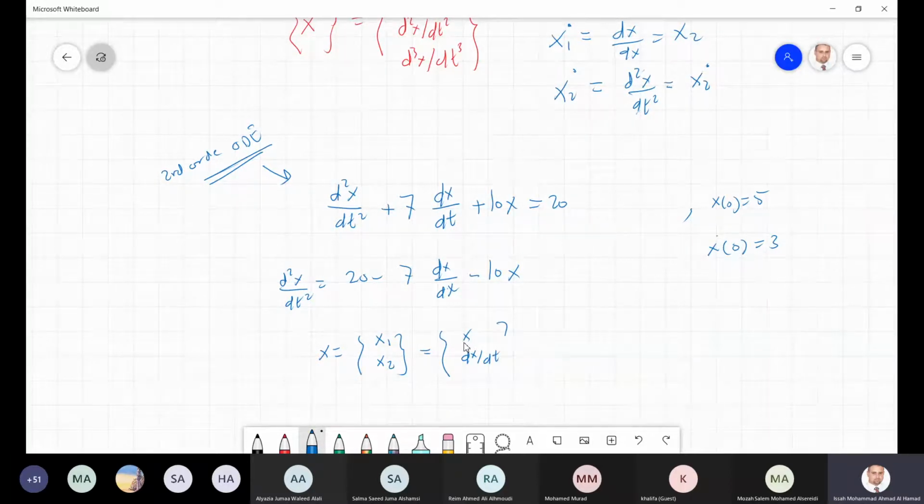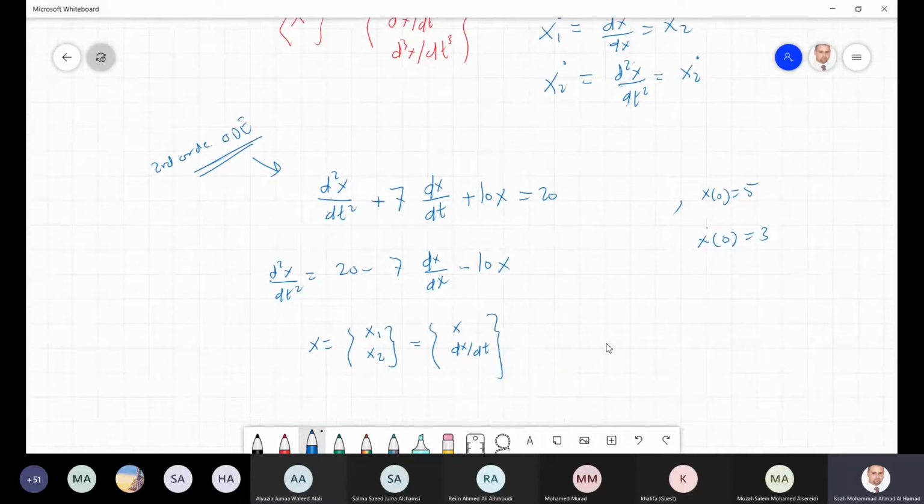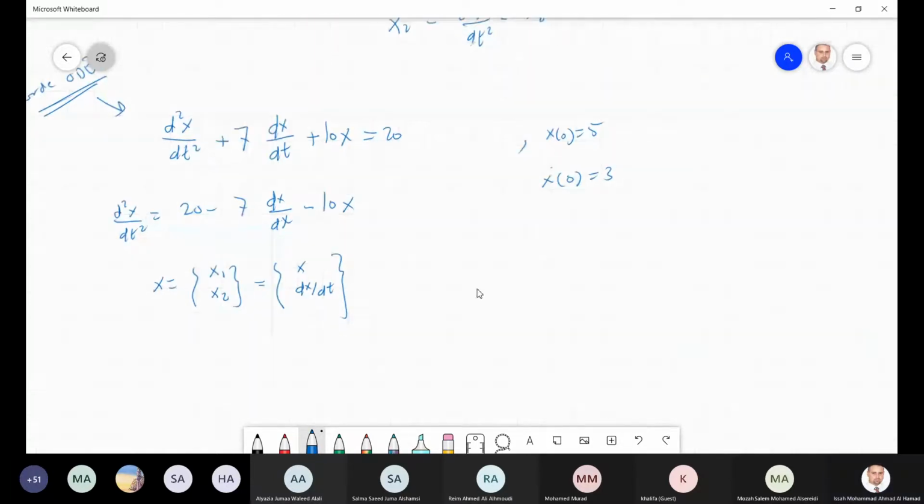And we said also that x1 dot equals dx1 over dt. x1 dot is dx over dt, correct?